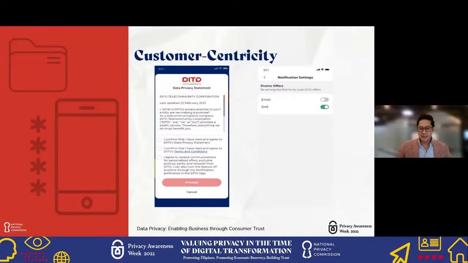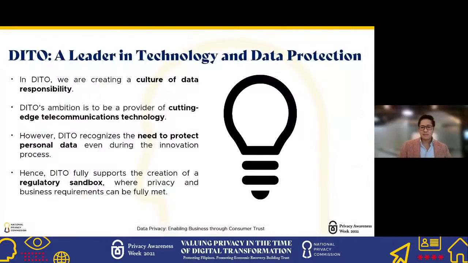It's very convenient. It's in the app itself. The language used is very simple and understandable because we want to be customer-centric. We want to talk to our customers in the language they understand, so that when they give consent, it's an understood consent and not based on reading a document full of legalese that they can't understand anyway. If we move on to the next slide.